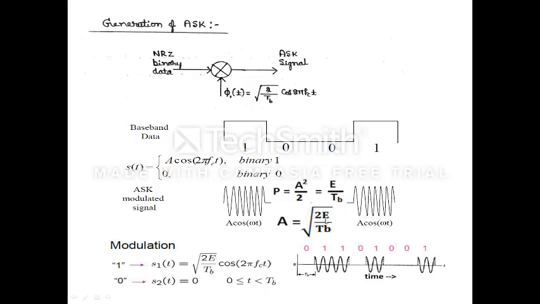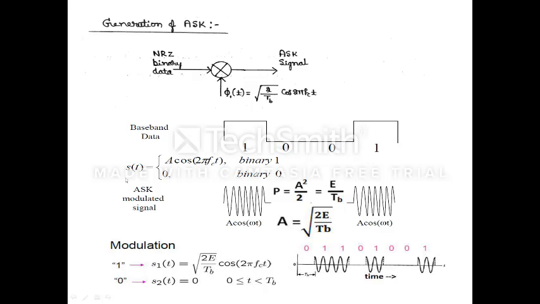When you consider the energy of the signal equal to 1, then A is equal to square root of 2 divided by Tb. This takes the place of Ac corresponding to the carrier signal. So we have written phi 1 of t is equal to square root of 2 divided by Tb cos 2 pi fct.